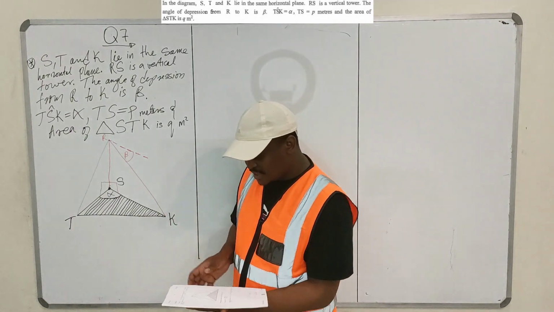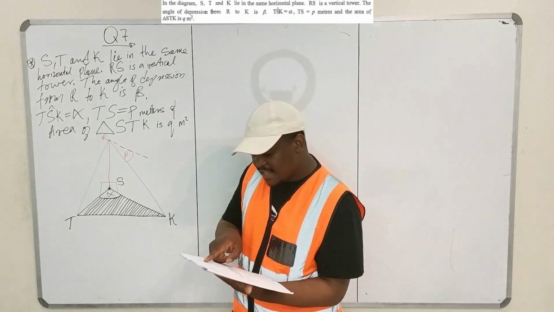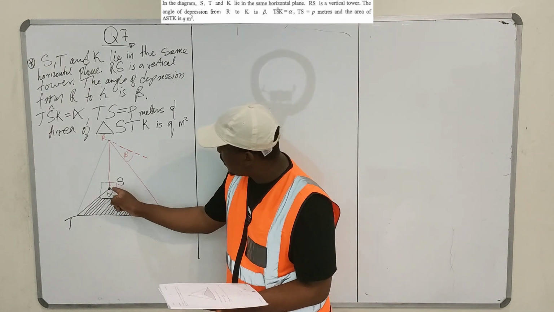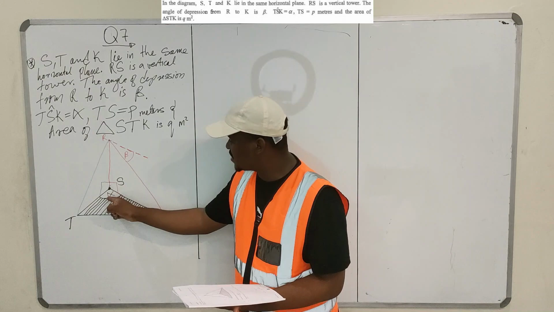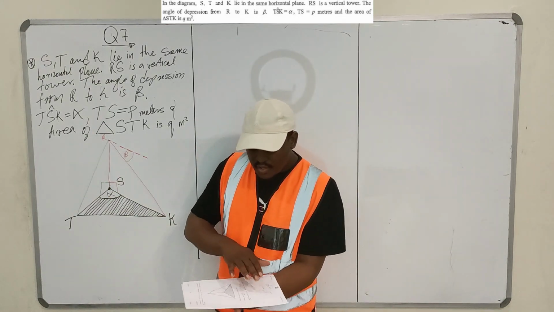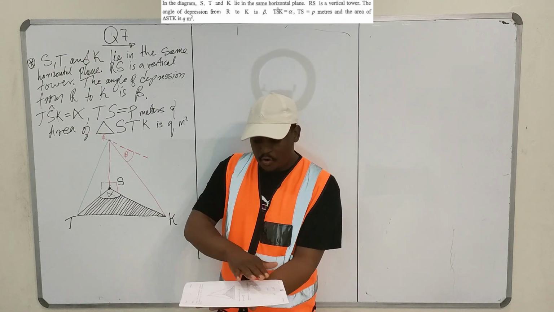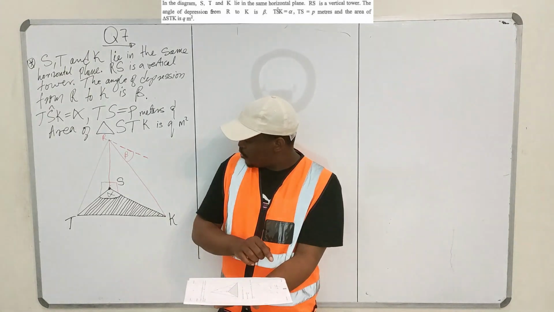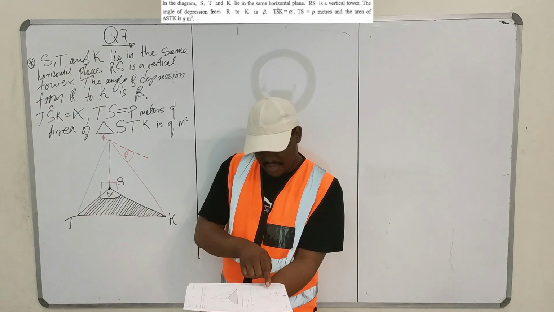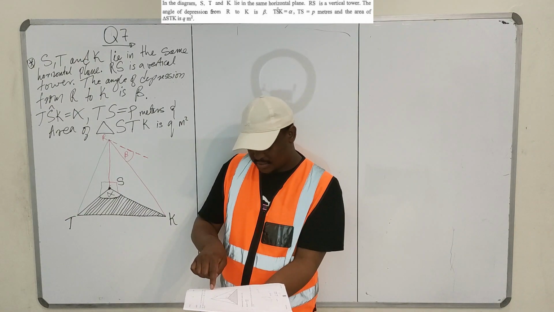No problem. They are saying now, RS is a vertical tower. So this here is a vertical tower. So you have your triangle sitting on a horizontal surface like this, right? You have T, you have K, you have S sitting here.